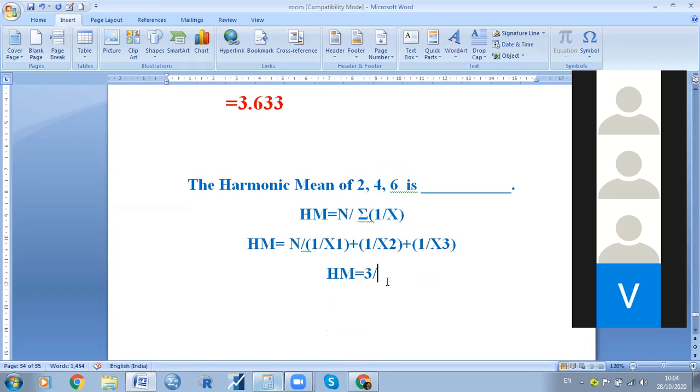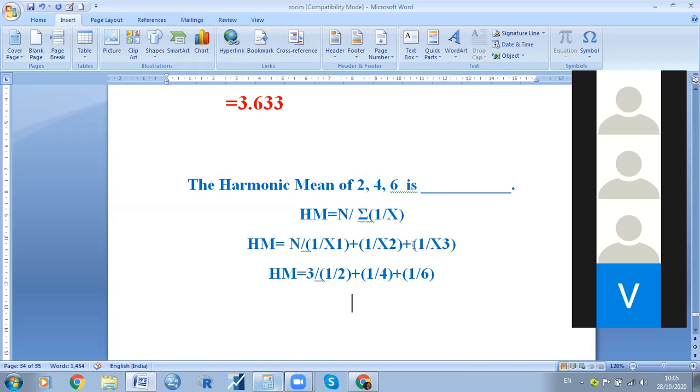Here x1 is 2, plus 1 by x2, where x2 is 4, plus 1 by x3, where x3 is 6.